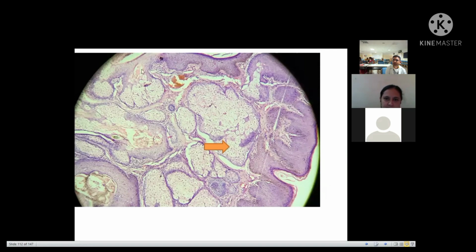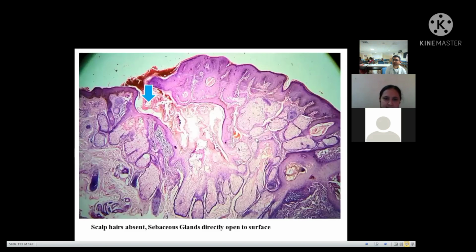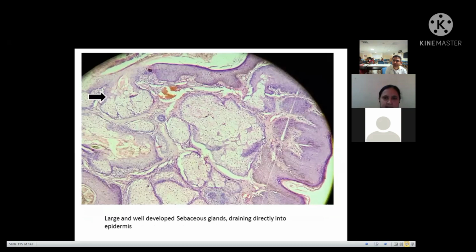Some immature hair structures are seen, and there's also a dilated infundibulum. Here also, some of the glands are opening to the surface. And this is an immature hair structure, and we do see some dilated sweat ducts here.